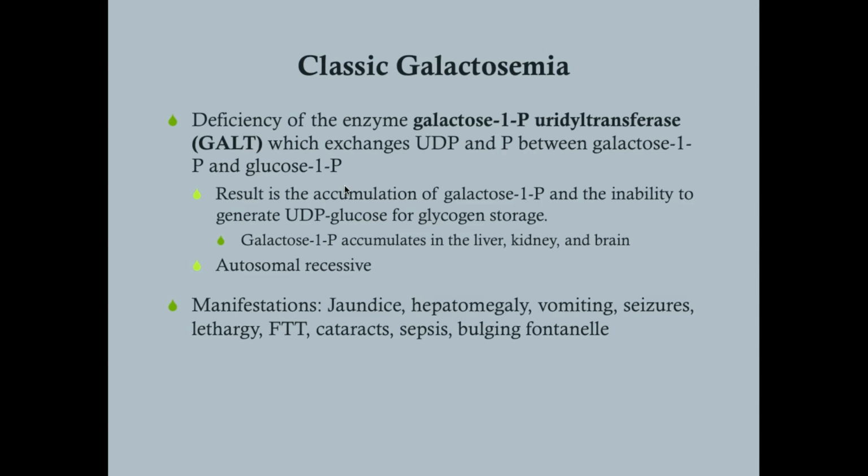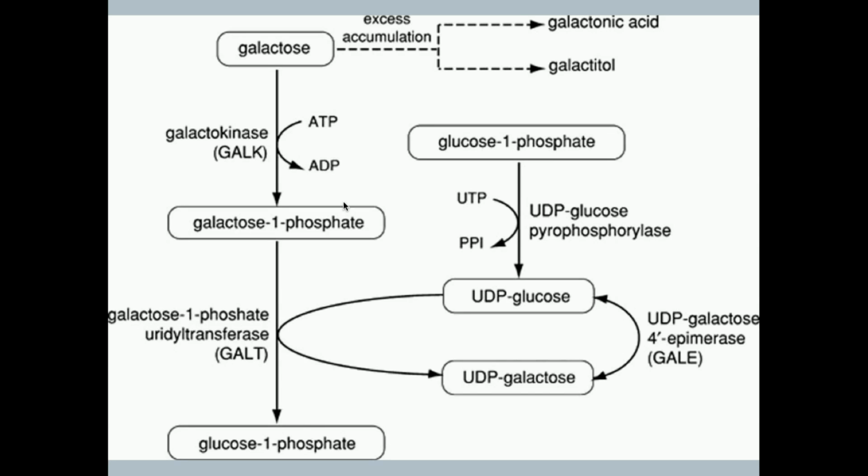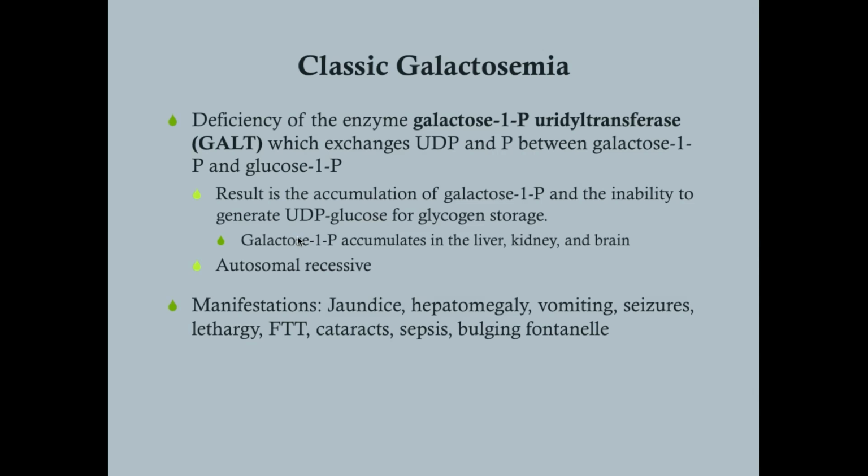Okay. The result of this, since you're not going to be able to, here's the block, since you're not going to be able to convert galactose 1-phosphate to UDP galactose and UDP glucose to glucose 1-phosphate, the result is going to be that you accumulate galactose 1-phosphate. And that accumulation occurs in the liver, the kidney, and the brain.